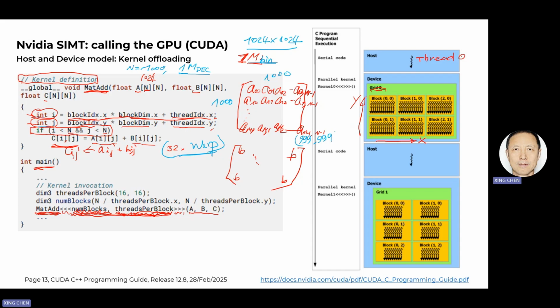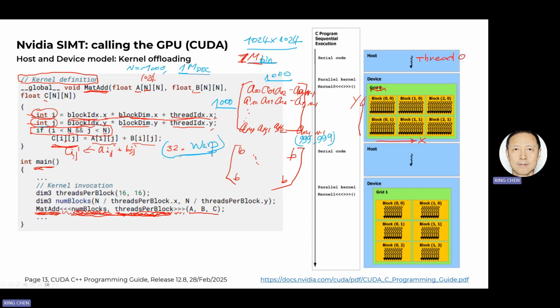That's the last matrix element, if that's 1,000 by 1,000. But when you ask the system to give you the threads, your threads will be organized into the grids, and you are going to use these 2 lines of code to calculate which element your thread will be working on.